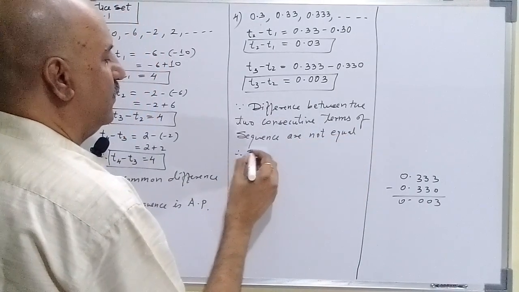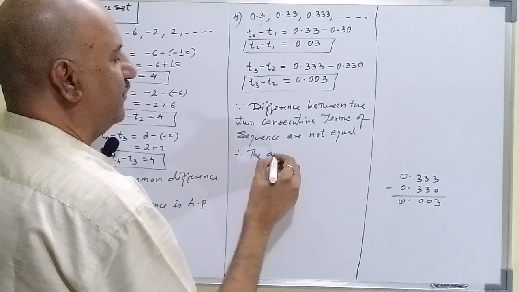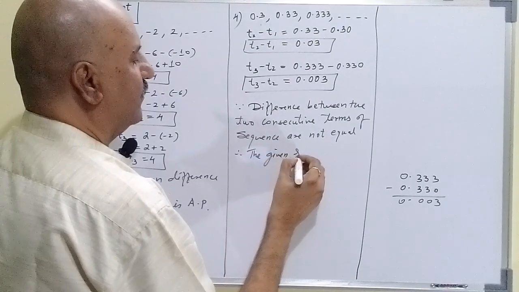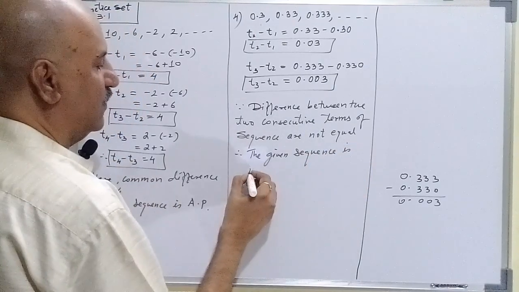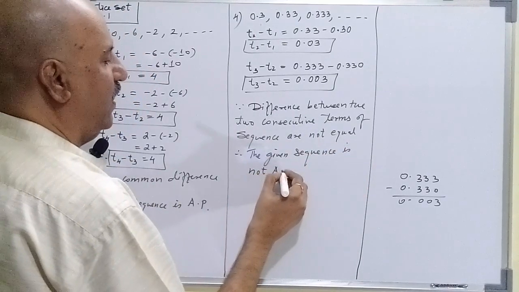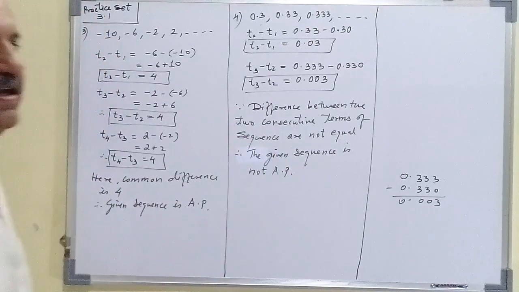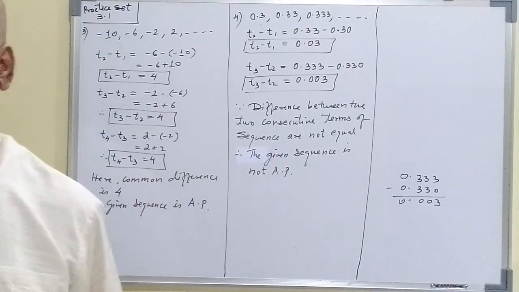Therefore, the given sequence is not AP. This is also not AP.